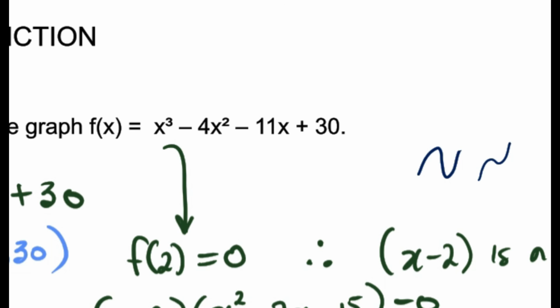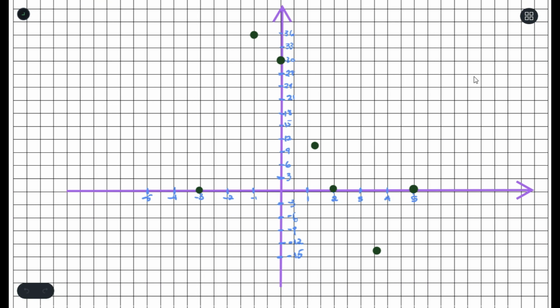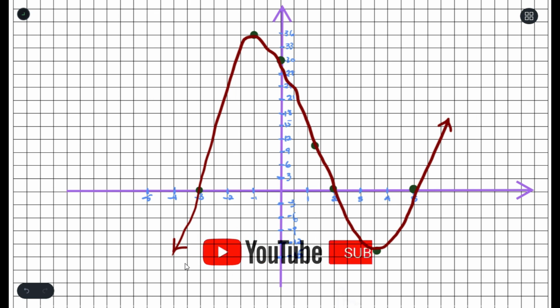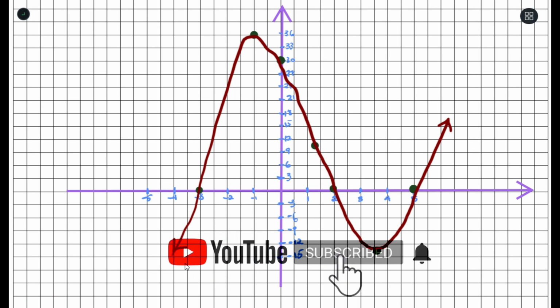A weird looking N. So all you need to do is connect your points. Try to make sure it's a continuous graph as best as you can. And that's it. As you can see, your graph is positive. We're done.